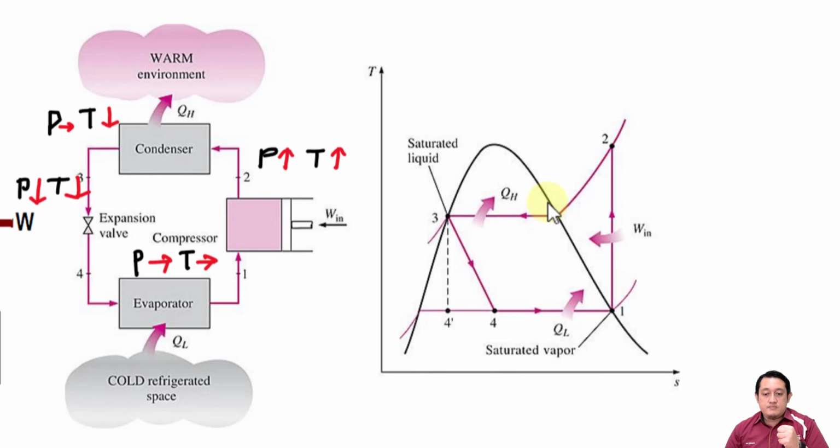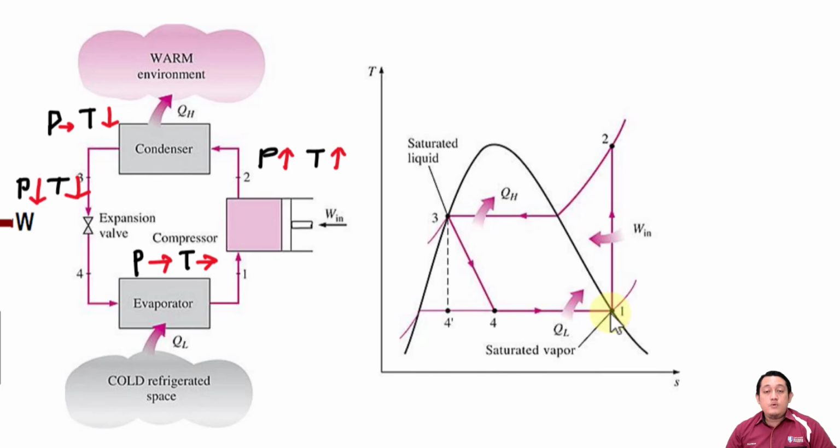And at the right part here, this is the point where the substance has changed to 100% gas. So this part here is 100% gas, and this part here is 100% liquid. Therefore, when this refrigerant enters this compressor, it will be 100% gas.